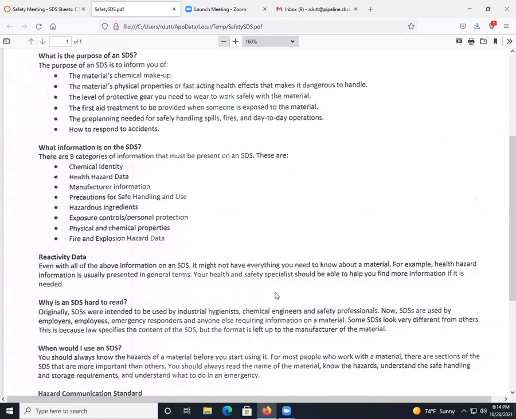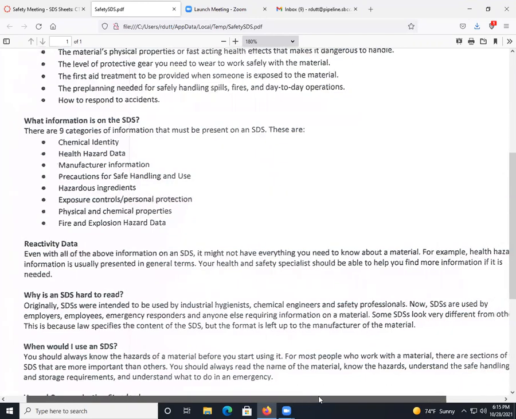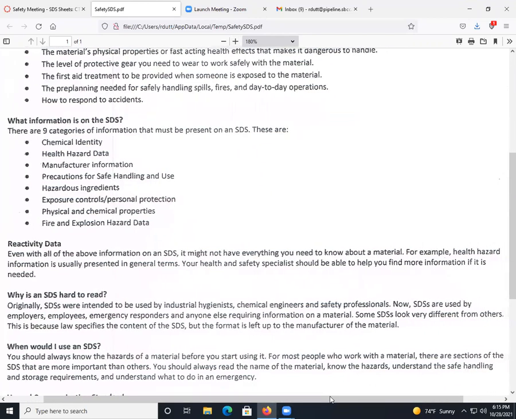Why is an SDS hard to read? Originally, SDSs were intended to be used by industrial hygienists, chemists, engineers and safety prevention professionals.